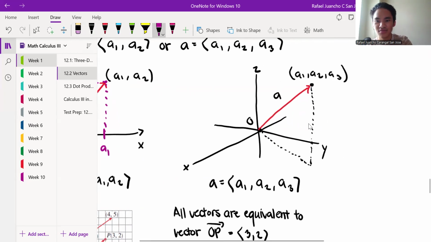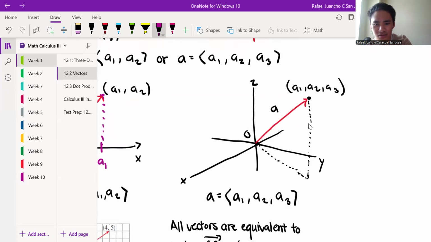Right? So here we're going A1, so in the x-axis. And then we're going A2, which is in the y. And then we're going A3. So how does that look? Well, probably like here is A1 distance.